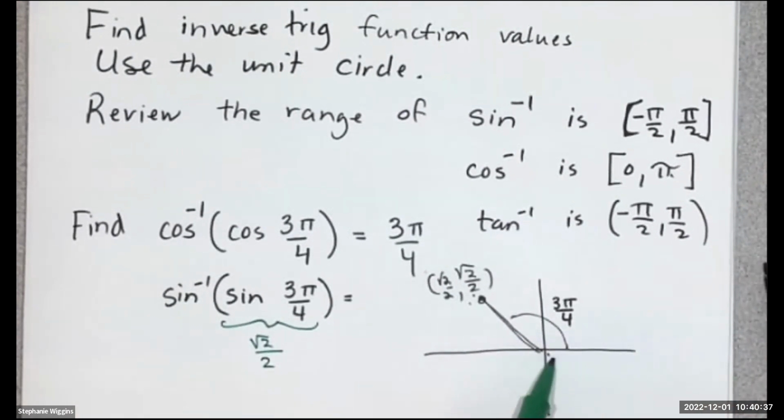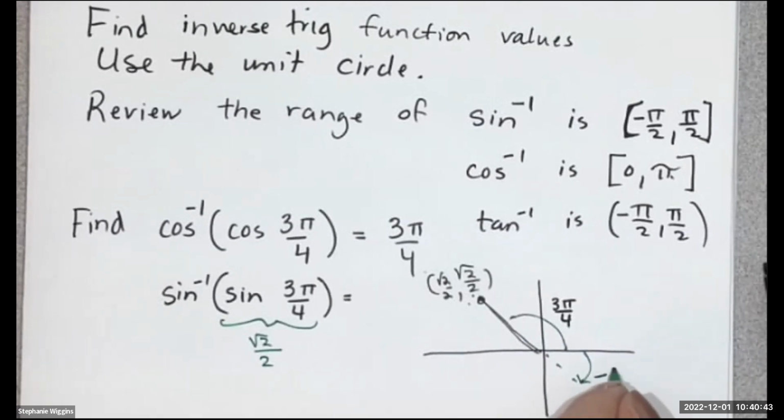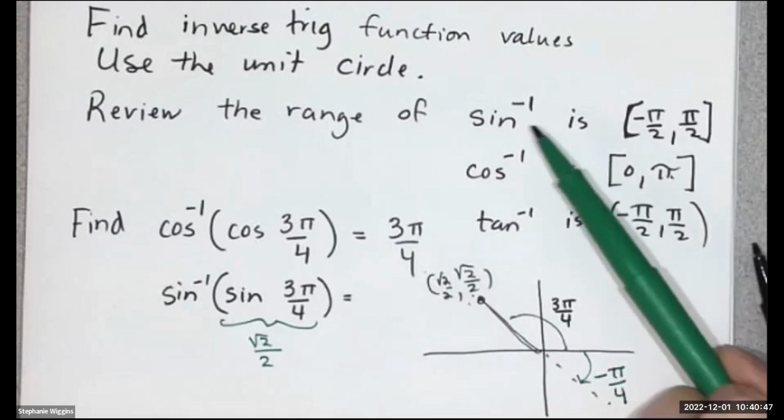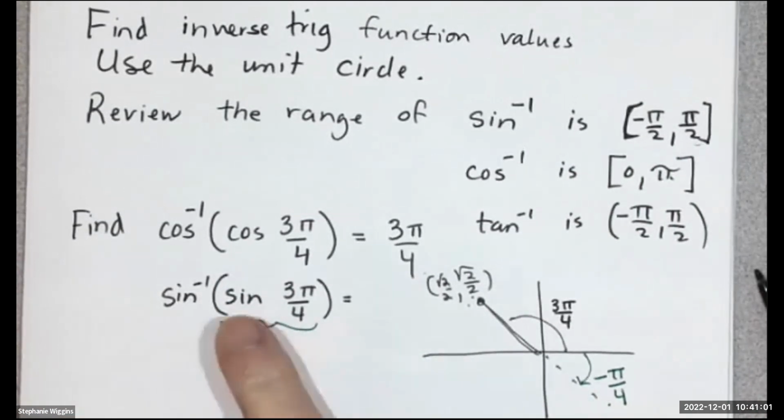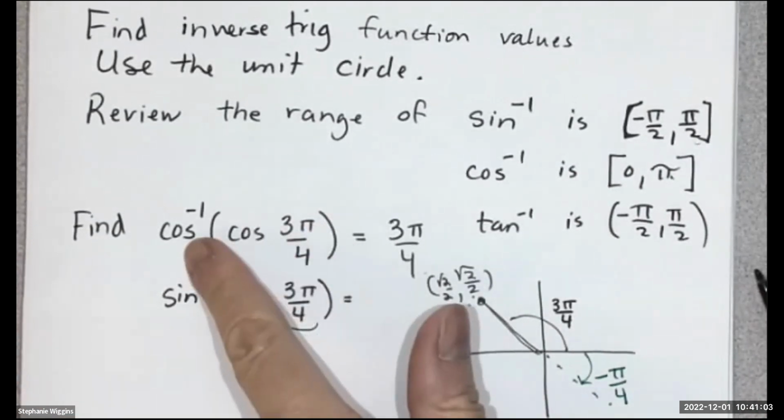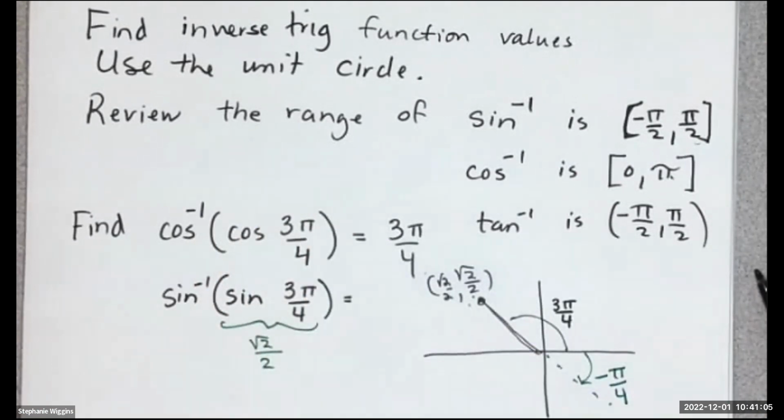It's over here. And your answer is going to be minus pi over 4 because sine goes from negative pi over 2 to pi over 2, and in the fourth quadrant, the angles are negative. So just be careful when you're doing these problems. Make sure you're taking into account the range when you're taking inverse functions of compositions.